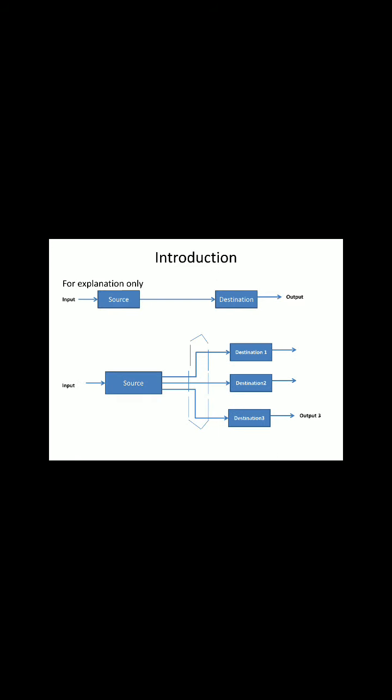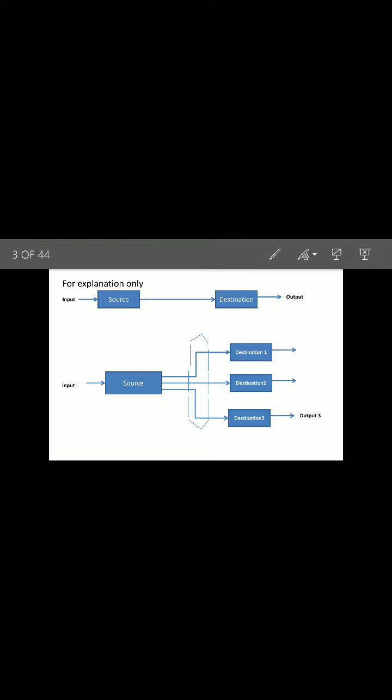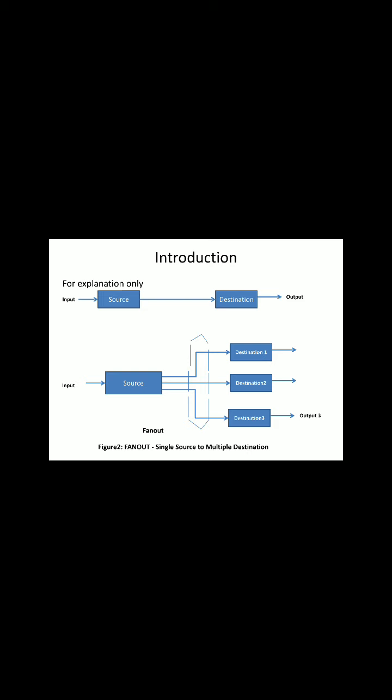Then there can be another scenario where a single source is trying to pass a value to multiple destinations, where each destination gives individual outputs. You can see the single source is feeding input to three destinations, meaning there are three output lines from a single source. All these three output lines carry the same data. The same output is fed as input to the three circuits.